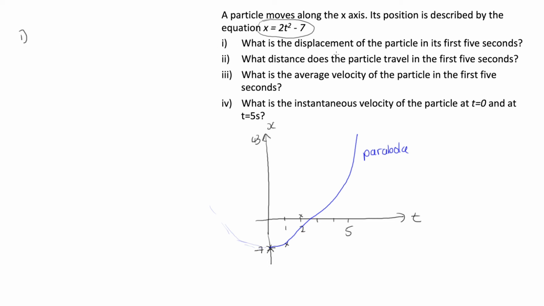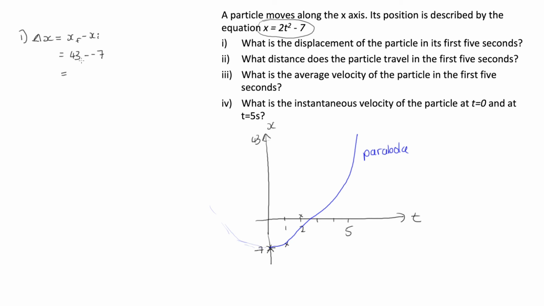Part 1 says, what is the displacement of the particle in its first 5 seconds? Okay, so it's only moving in the one dimension, in the x dimension. So the displacement is the final position minus the initial position. So we worked out that it ended up at 43 meters. So this is 43, and we said it started at 7 meters, so minus 7.